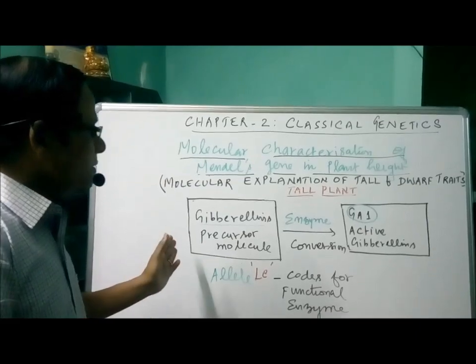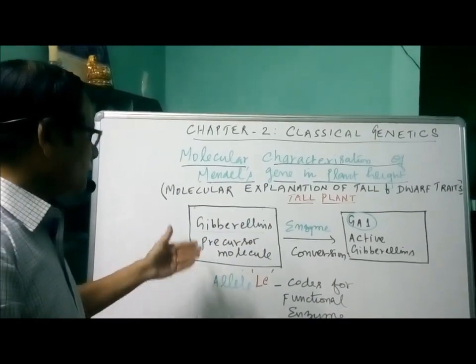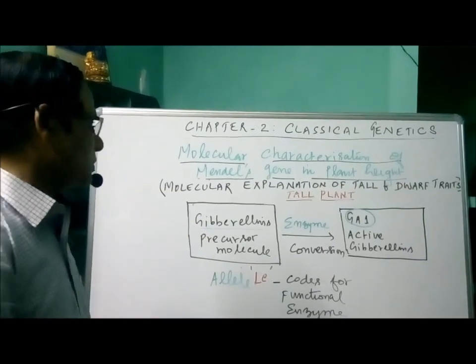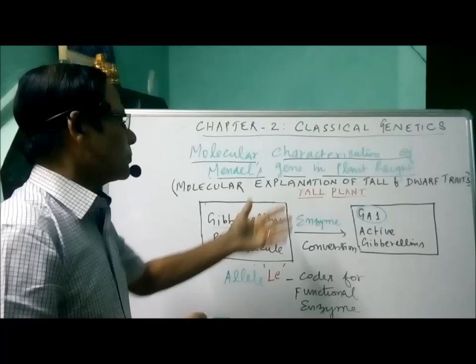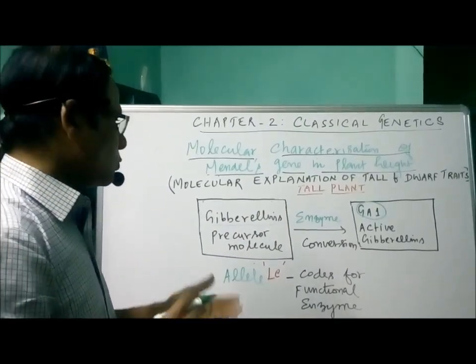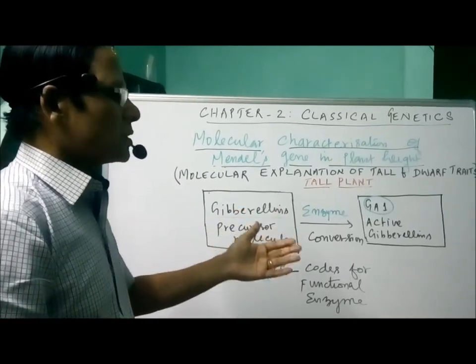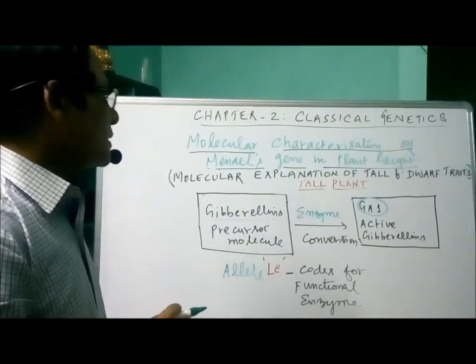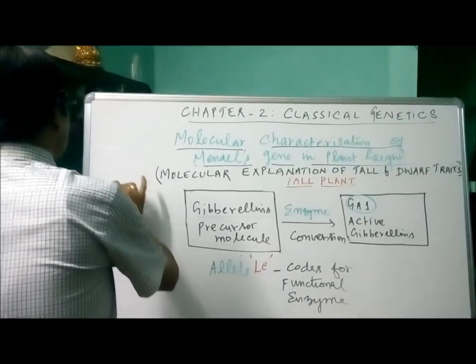Now, all the cells have the ability of converting this precursor, the forerunner, that is the basic molecule, into active gibberellins. In the case of a tall plant, this is brought about by an enzyme involved in what is called the gibberellin synthesis pathway. This enzyme is coded by the gene, that is the LE gene.